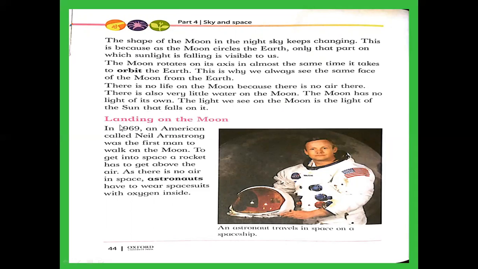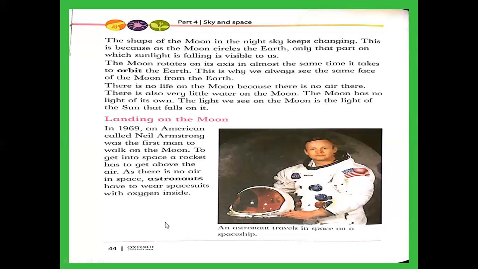Next topic is landing on the moon. In 1969, an American called Neil Armstrong was the first man to walk on the moon. To get into space, a rocket has to get above the air. As there is no air in space, astronauts have to wear space suits with oxygen inside.